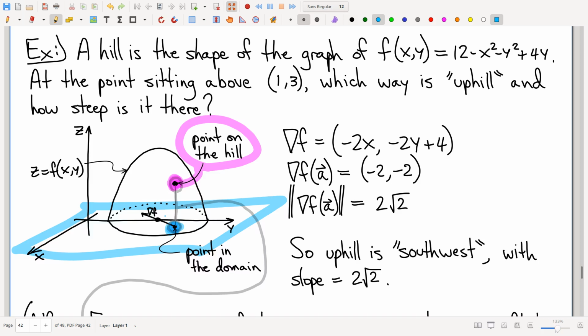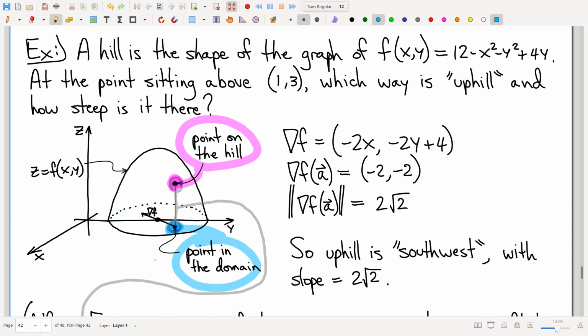Okay, so the unfortunate, arguable sloppiness is that very often we'll conflate these two things. So I could easily say, okay, yeah, you're at the point X, Y. Well, I don't mean you're there. You're obviously on the graph above the point X, Y. It's very common, and it's just very convenient.